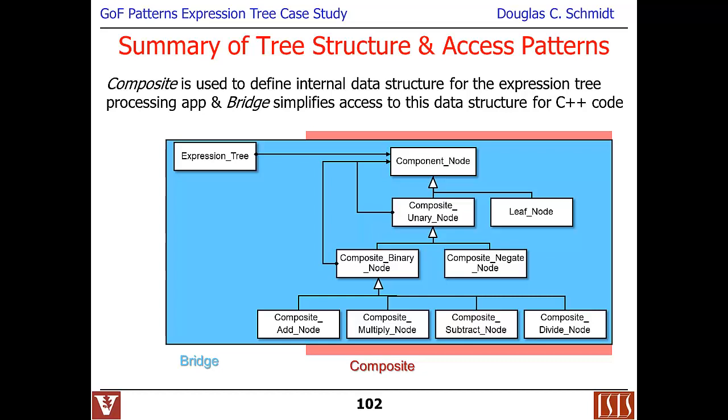And composite by itself is useful, but in languages like C++, where memory management is tricky, you're often better off encapsulating the variability provided by composite within the bridge pattern to get a common interface to shield the clients from the details, especially memory management details, of that variability. So these patterns are often used together.